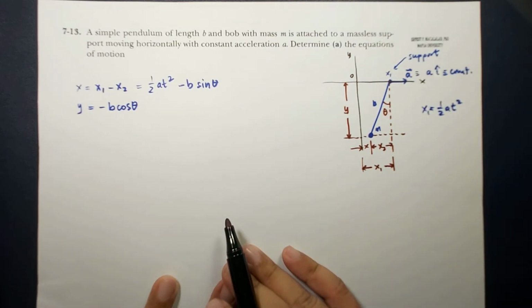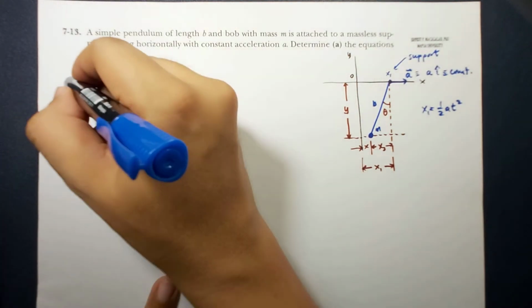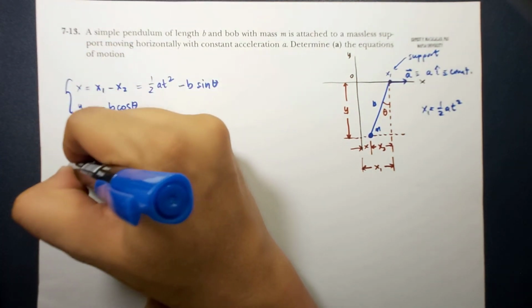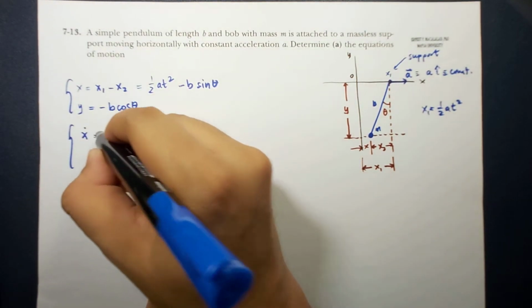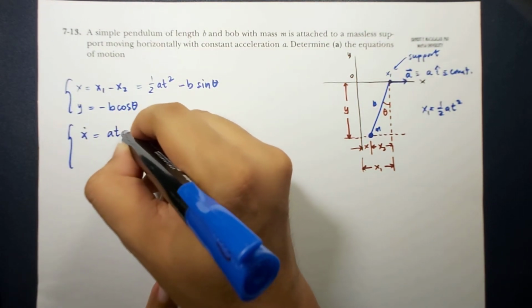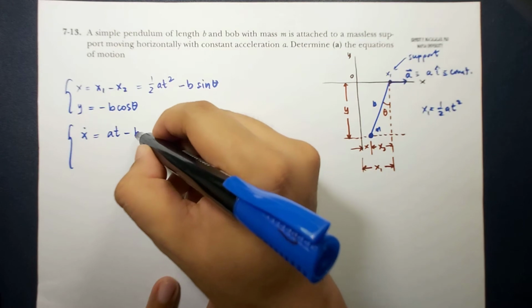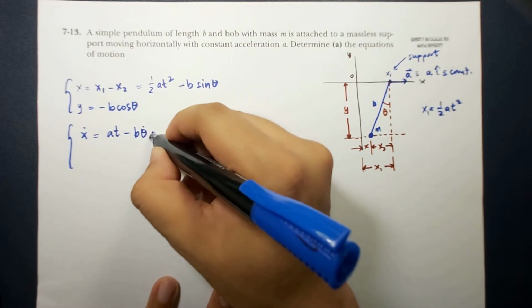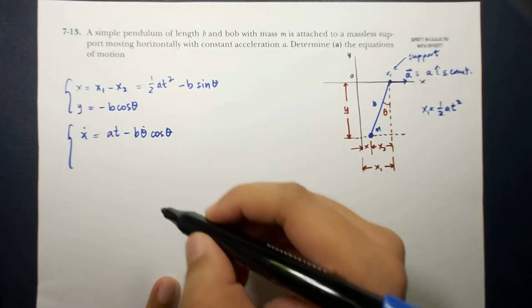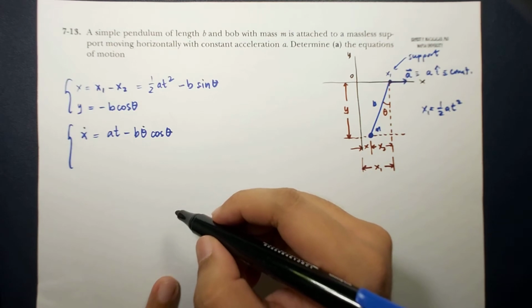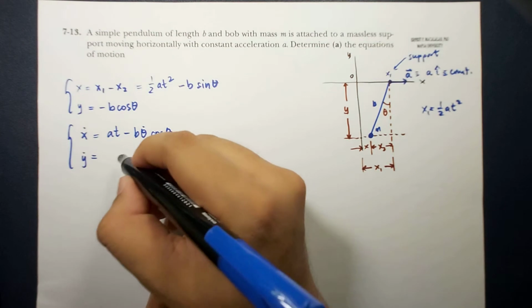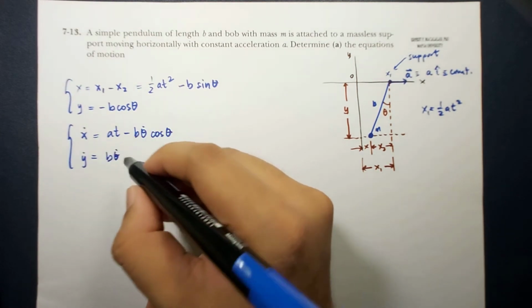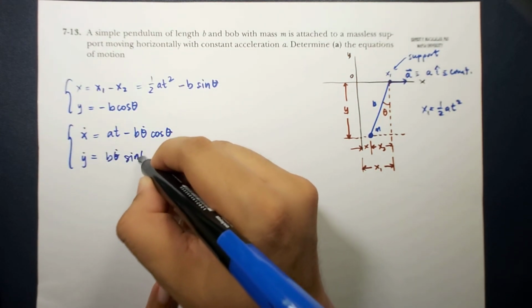From here we can calculate the velocity: x dot is a t minus b theta dot cosine theta, and y dot is b theta dot sine theta.